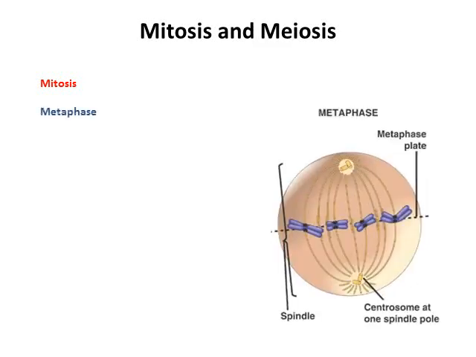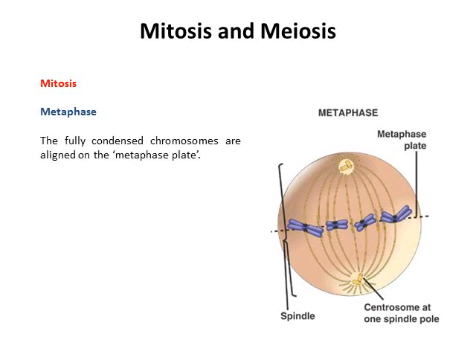So the next stage of the cell cycle is a very important stage called metaphase. In metaphase, the chromosomes are fully condensed. It was metaphase cells really that the first early scientists who were using basic microscopes were able to observe the process of mitosis by looking at cells which are in metaphase.